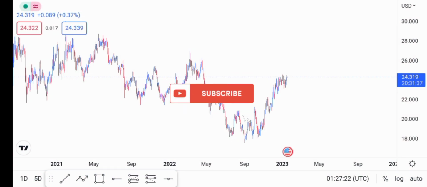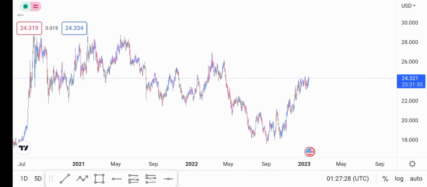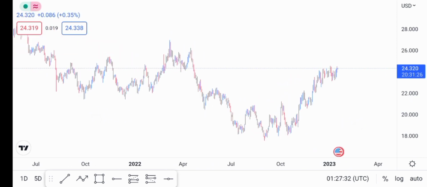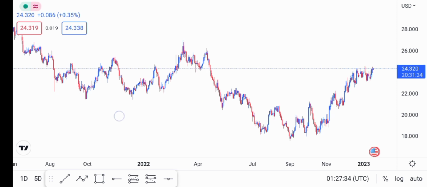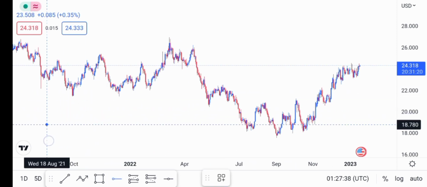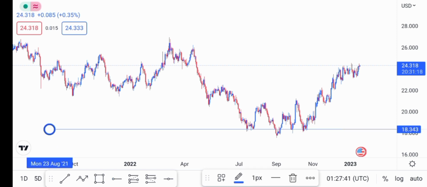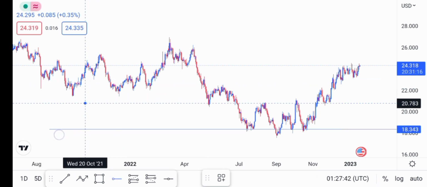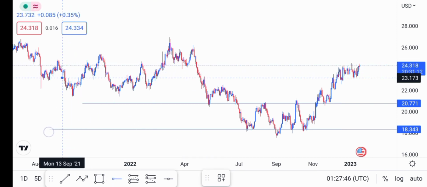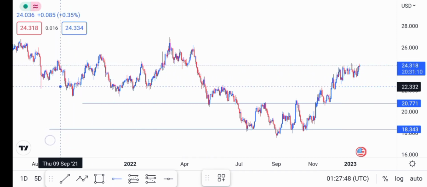Okay, so now we are on silver. To be honest, I'm familiar with this pair, so I like to trade it a lot, but I don't usually share the signals. So I'll just share the signals for you guys. I'm going to start by identifying my levels. Silver is one of the pairs that I find easy to analyze, because there's not much really going on with silver.